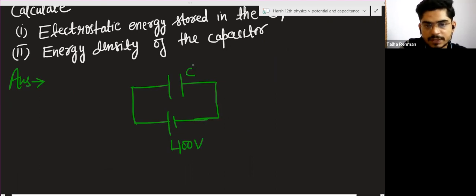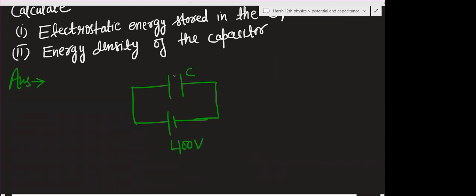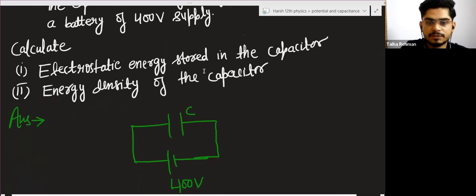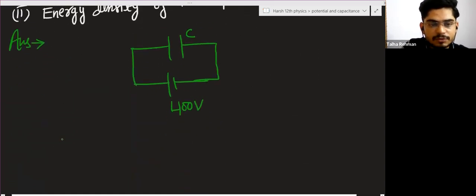This has some capacitance C. If nothing is given, consider air is filled in between the plates. So air is filled here. Now first we will calculate C.